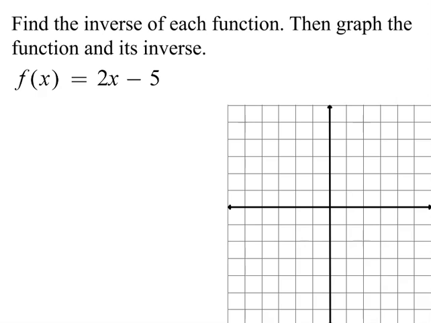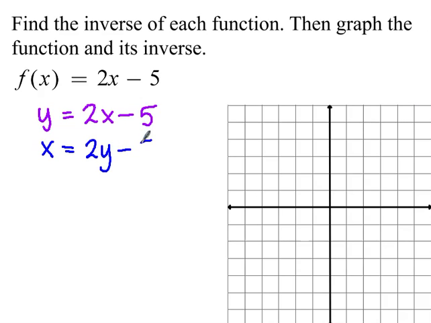First step: I'm going to replace f of x with y, because those two are the same. If your original function has a y, you can skip this first step. You don't have to worry about it. That's all we've done for the first step. Next step.